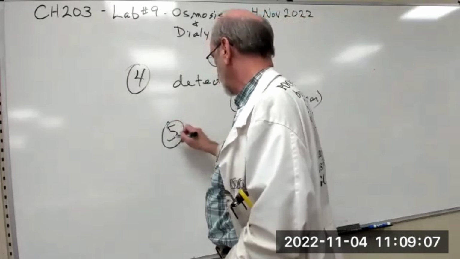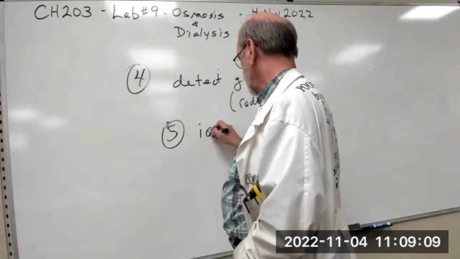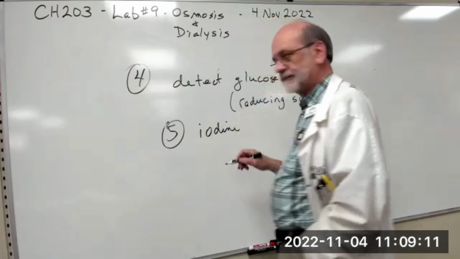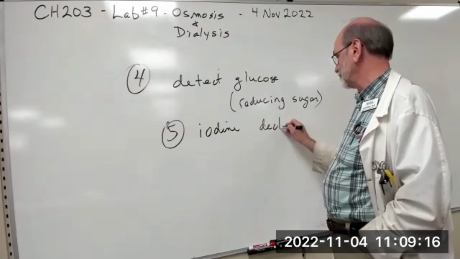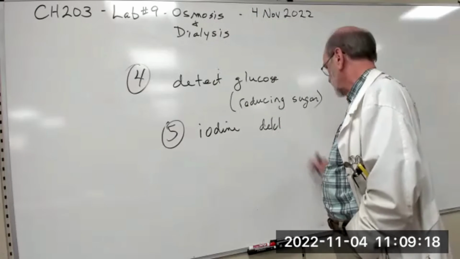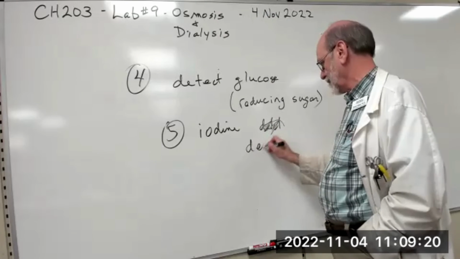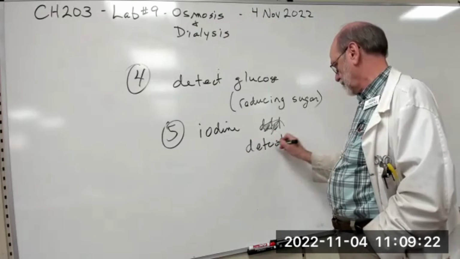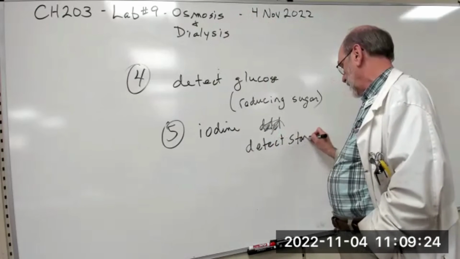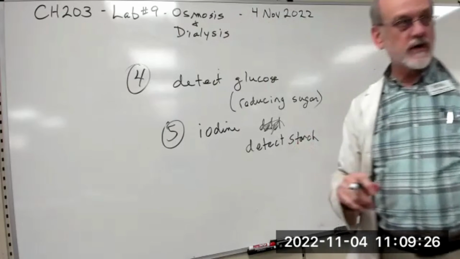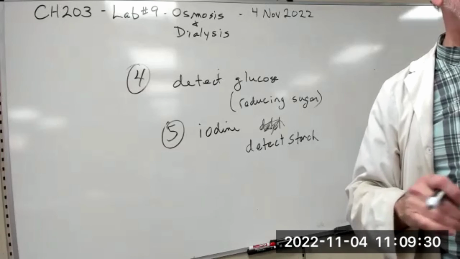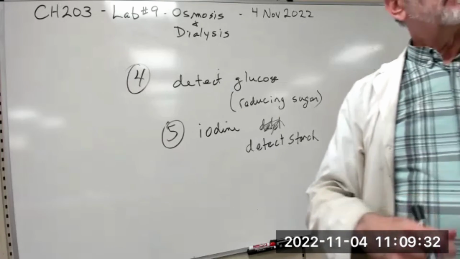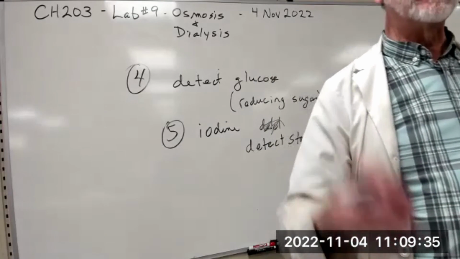Iodine. 5. What's the purpose of the iodine solution? To detect starch. Okay. Now, the chemical reaction that goes on that gives you an indication of starch is fairly complex. But all we need to know is, what does it do?